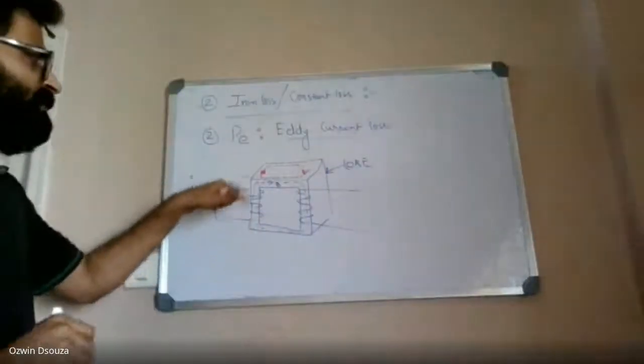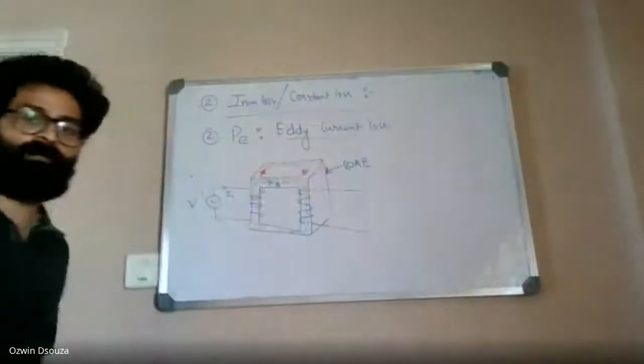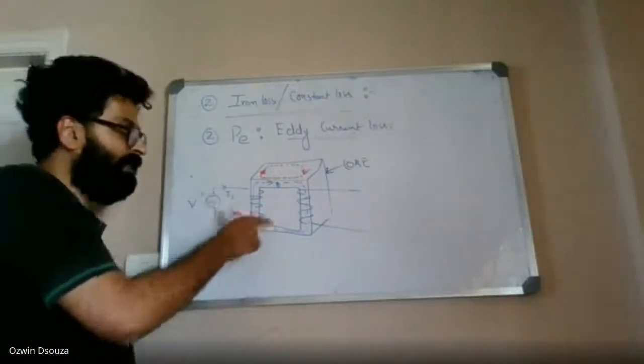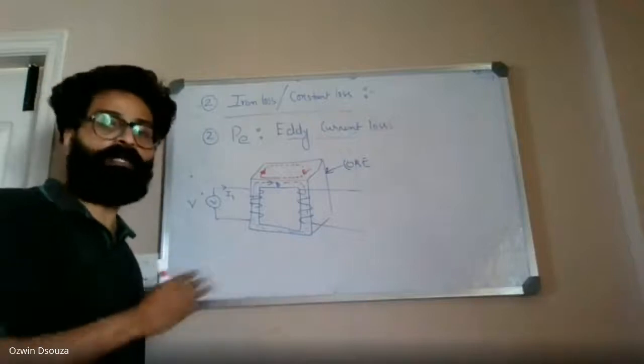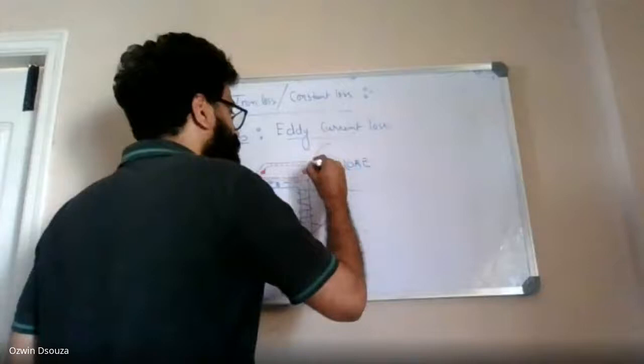The direction of circulating current is normal to the plane of flux, right? So the induced EMF circulates its own currents, and these currents are called eddy currents.